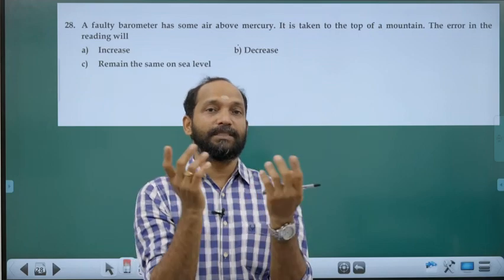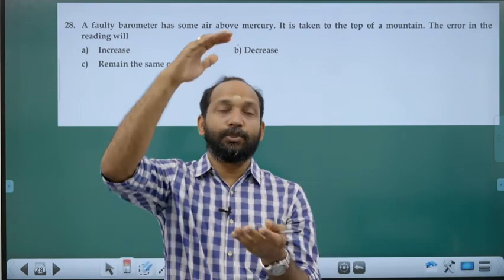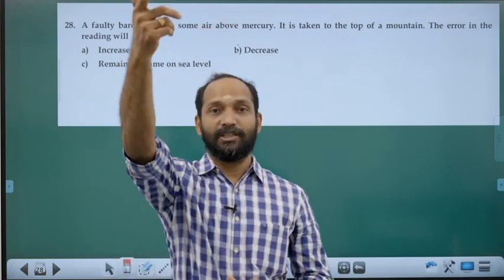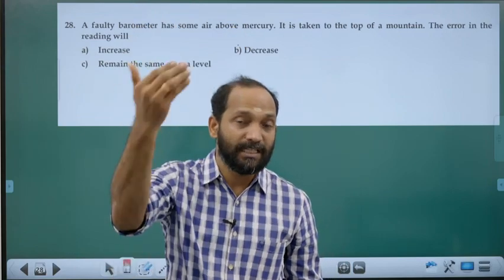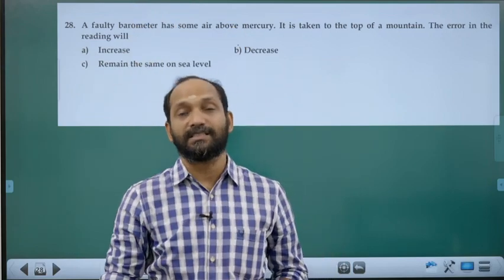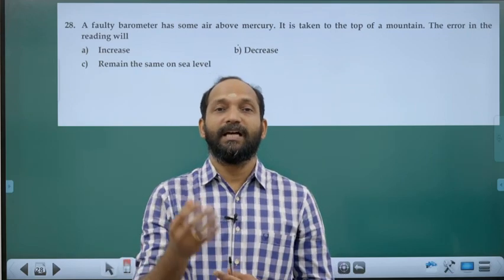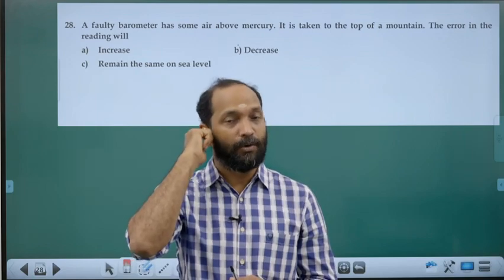When atmospheric pressure is less, the mercury thread will fall. Then the proposed space of the Torricellian vacuum would increase, so the volume of trapped air would increase. When the volume of trapped air increases, its pressure decreases. Why? Because of Boyle's law. The trapped air has constant mass, and assuming the temperature to be constant, we can apply Boyle's law there.